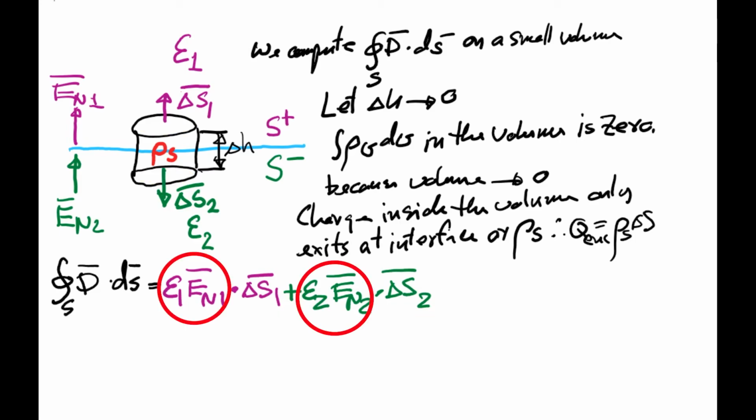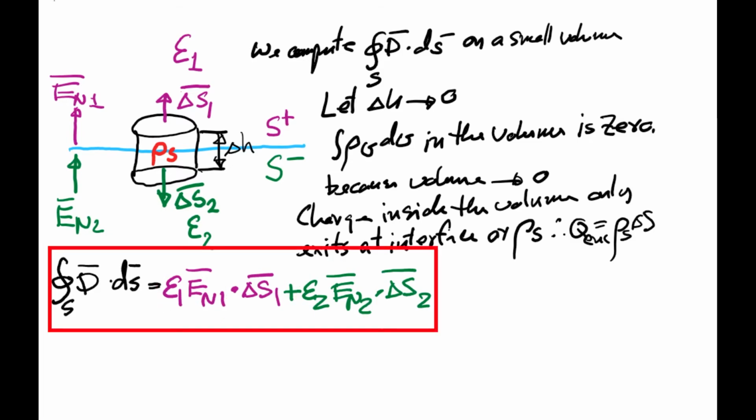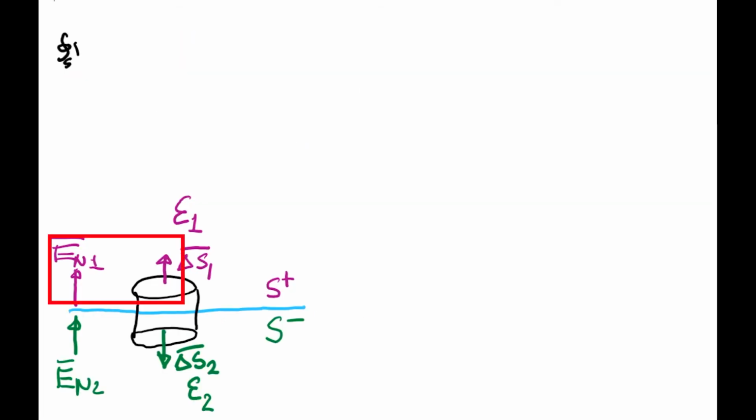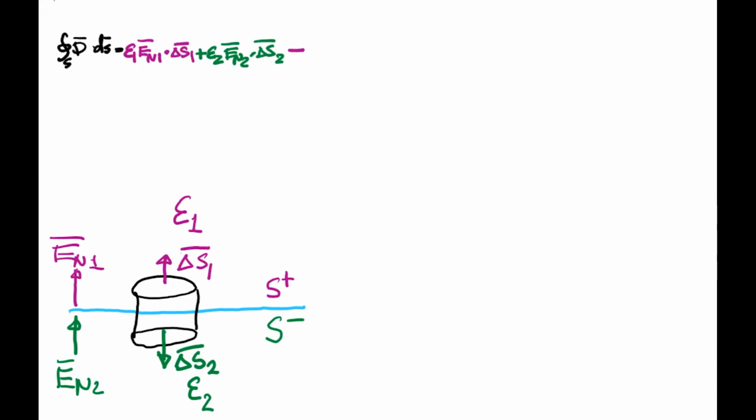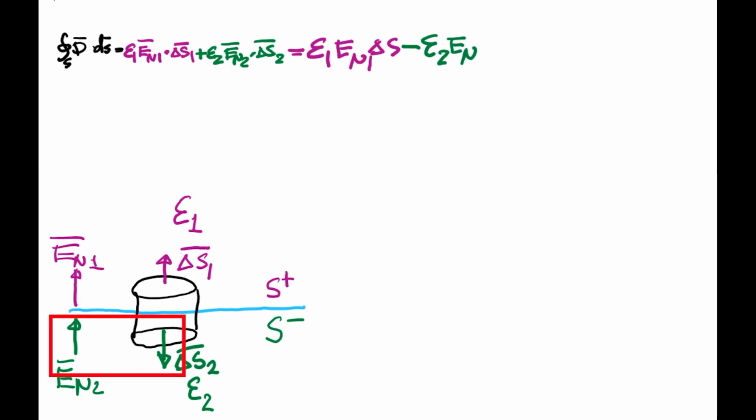We replace D with permittivity times E. Then we have this equation. Since delta S1 and E_n1 are in the same direction, the dot product is a positive value, and delta S2 and E_n2 are in opposite directions, so the dot product is a negative value.